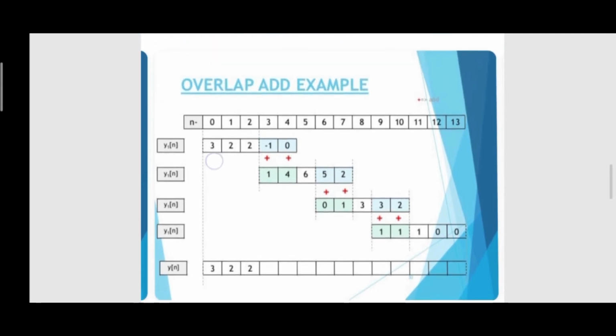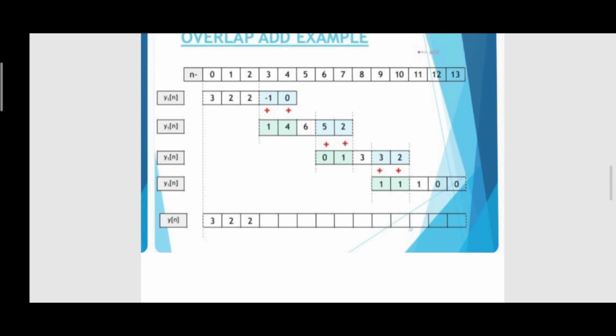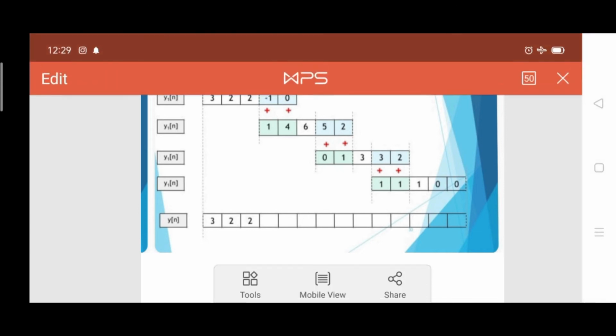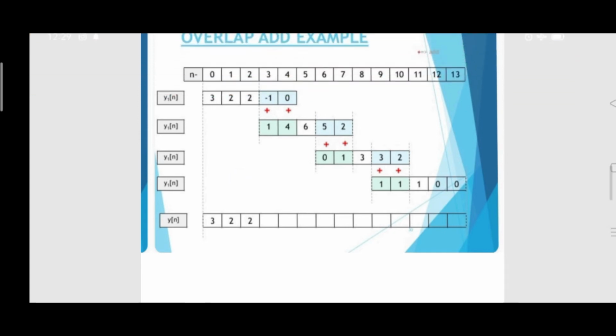So in this we get the values 3, then 2, then 2. Next we have to add minus 1 and 1. Minus 1 plus 1 is equal to 0. Then 0 plus 4 is equal to 4.